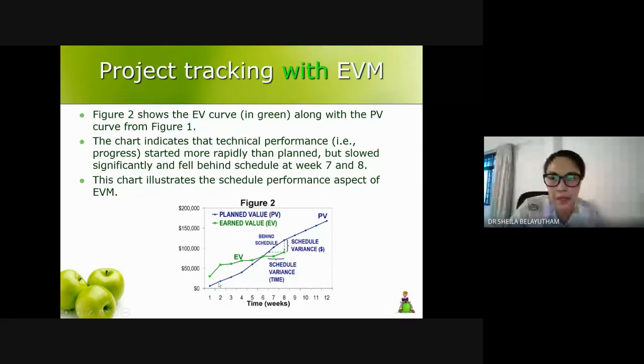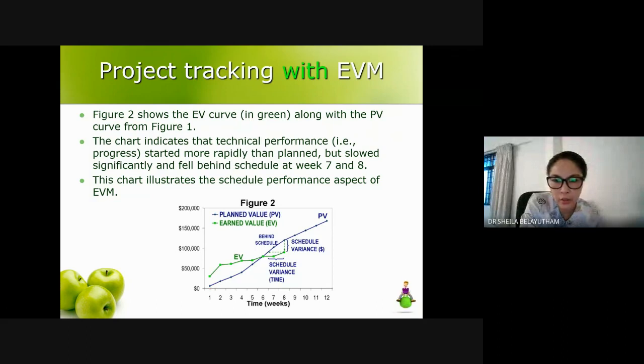Until week 6, you can see your earned value higher than your planned value, and later on, your earned value is lower than your planned value.